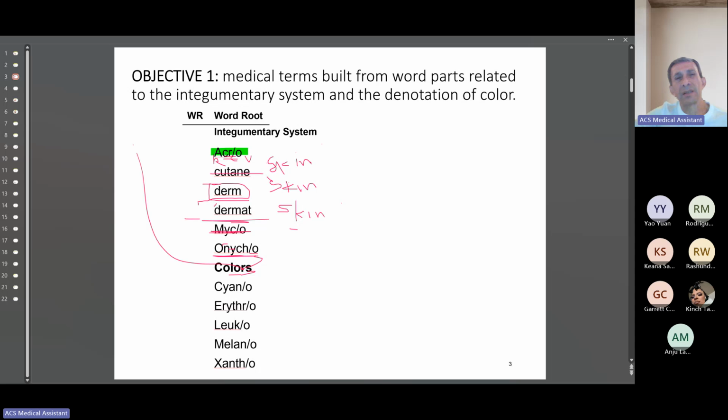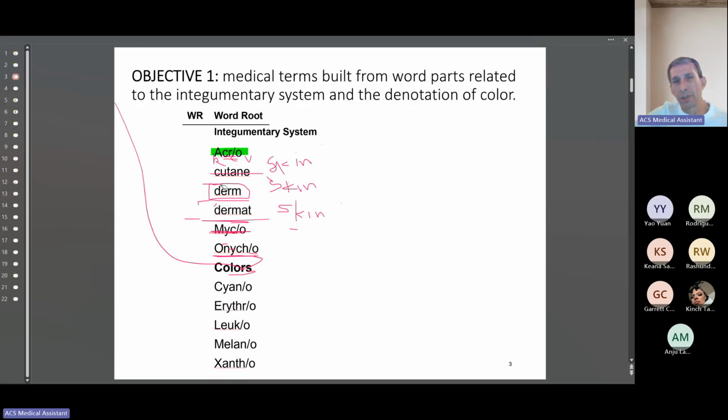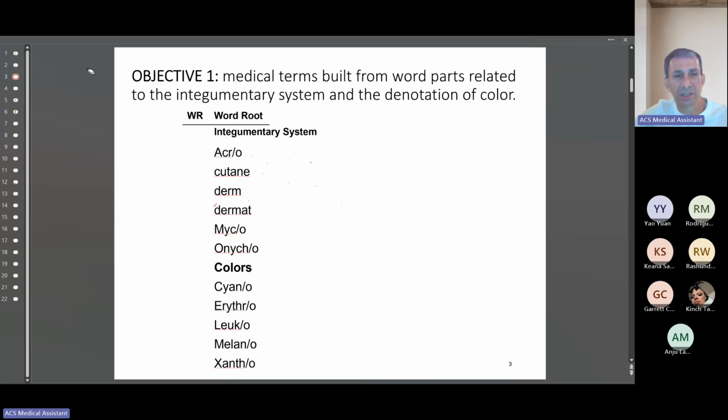So let's now focus on colors. Remember, colors are important when we talk about the skin because the skin turns different colors. The skin can be kind of bluish, can be kind of purple or purplish, can be red, can be kind of orange or yellow, can be white.